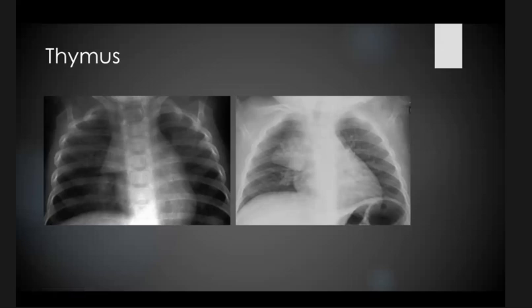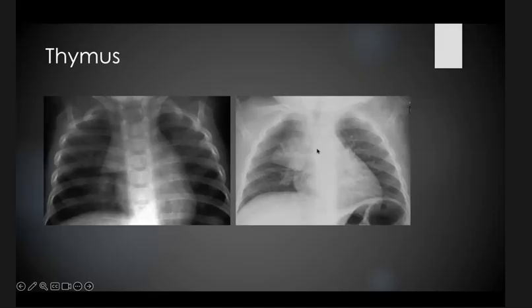The thymus. The thymus is a normal structure in the anterior mediastinum. It's a soft structure. You can see the vessels passing through. It can sit on the fissure, doing the sail sign, like a sail. And it doesn't move anything else.